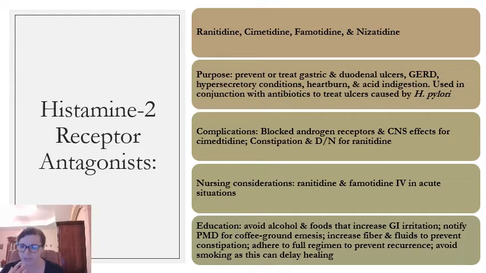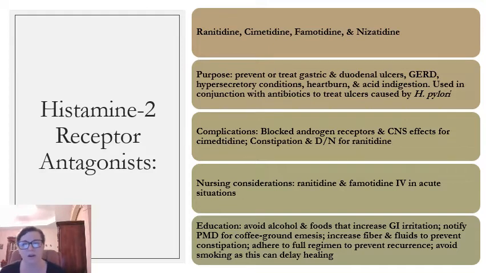They're actually vomiting up this black, tarry emesis that is seedy, like coffee grounds. So that's a complication, and we definitely want them to report that to their doctor. Also, they need to increase their fiber and fluids to prevent constipation, which is a common side effect of a lot of these medications.